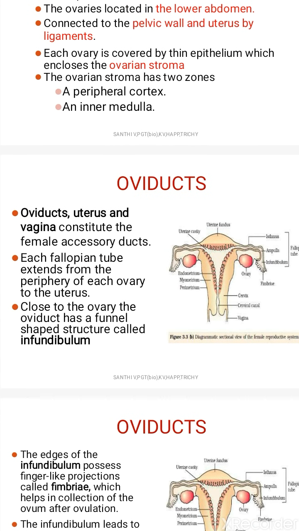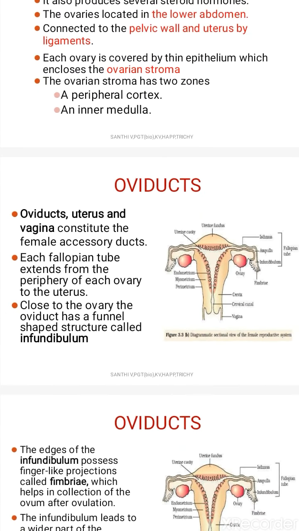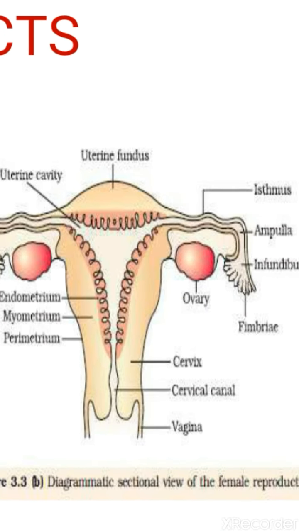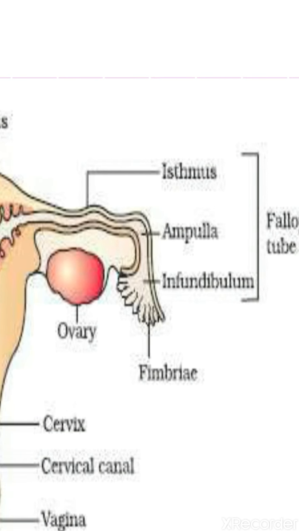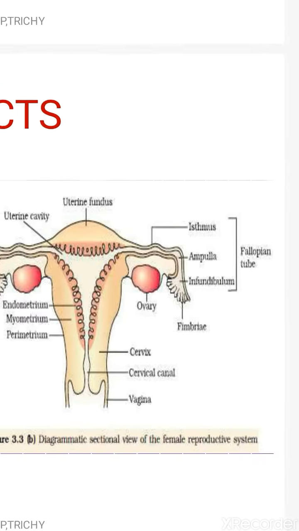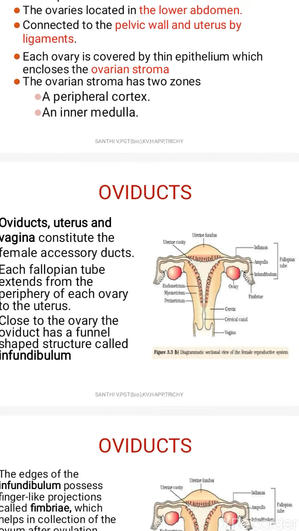Each fallopian tube extends from the periphery of the ovary towards the uterus. Close to the ovary there is a funnel shaped structure called the infundibulum, which has small finger like projections called fimbriae. The fimbriae are helpful in the collection of the ovum.